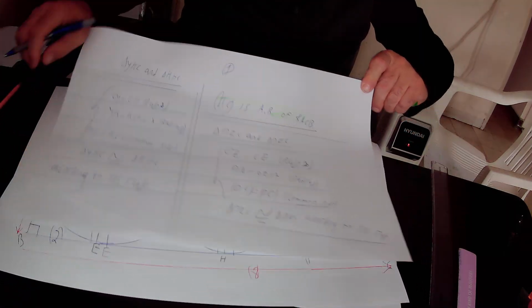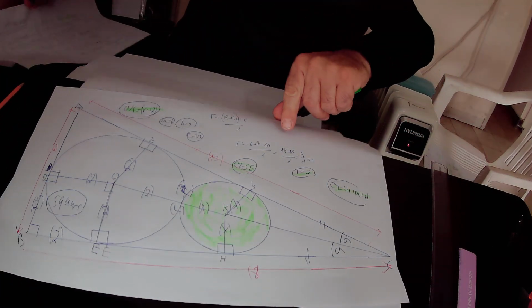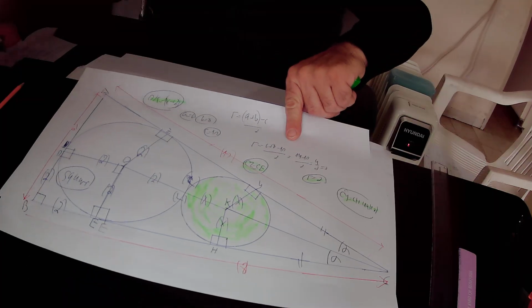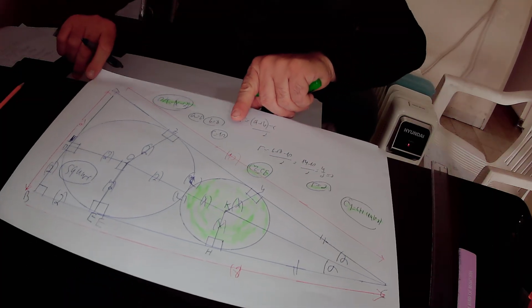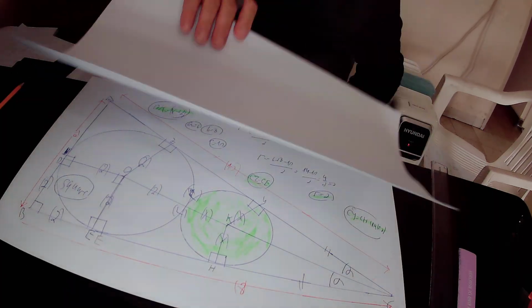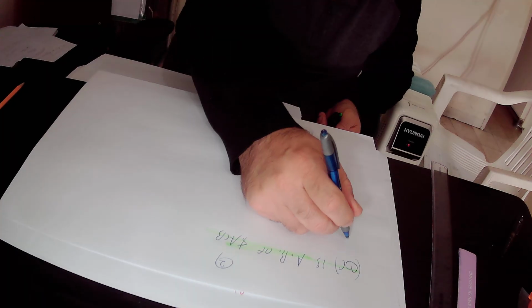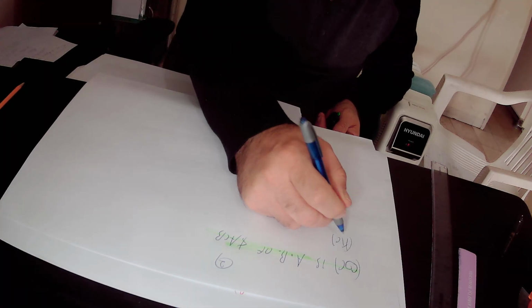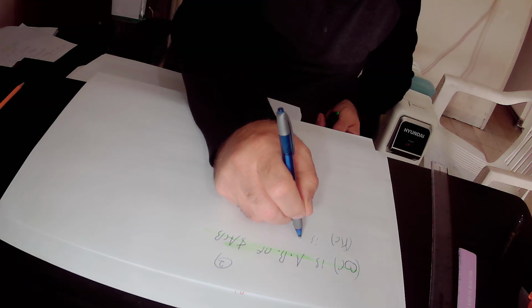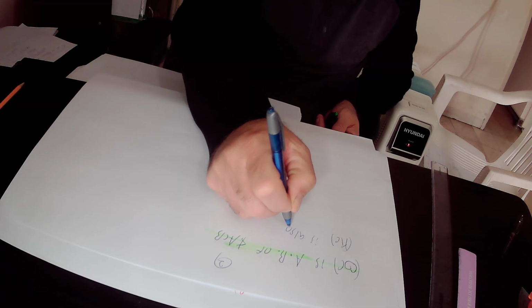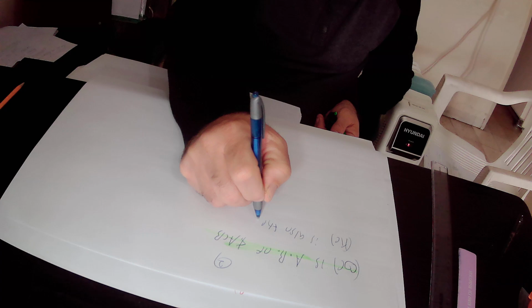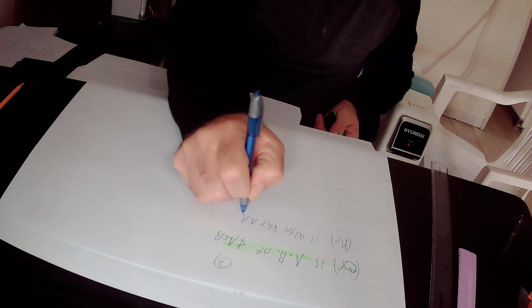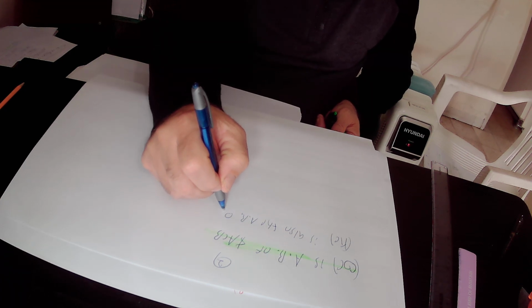So we found out that KC is also the angle bisector of the same angle ACB.